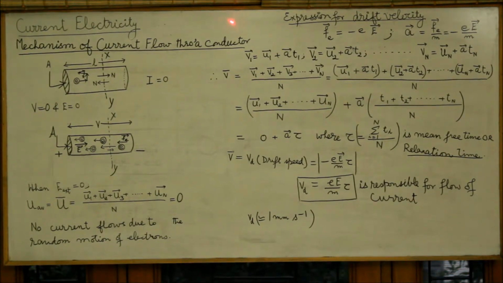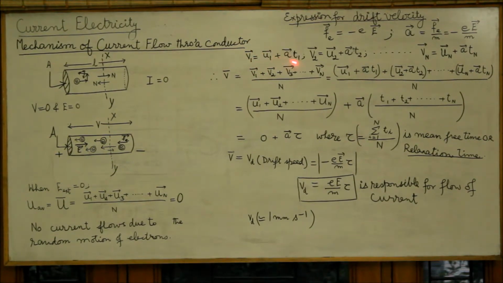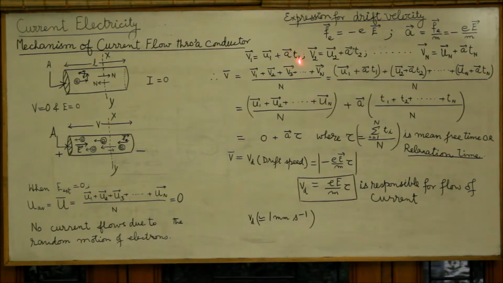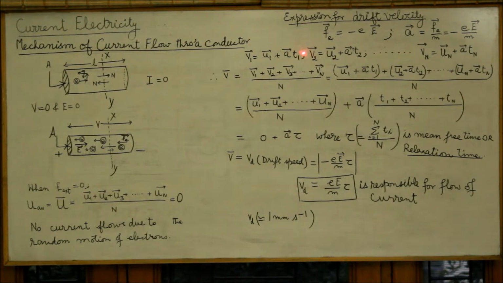As a result, the velocity of the first electron, V1, is given by U1 plus a T1. U1 is the random thermal speed, a is the acceleration, T1 is the free time for the first electron, that is the time between any two successive collisions of this electron. So we have V1 equal to U1 plus a T1.